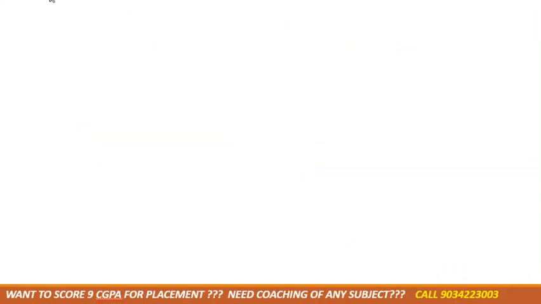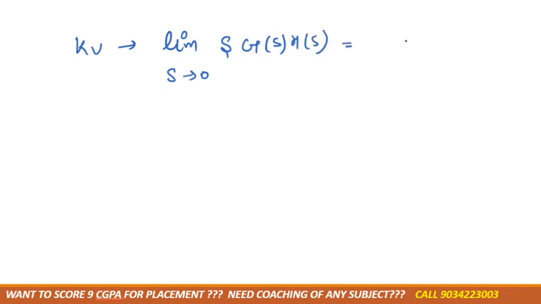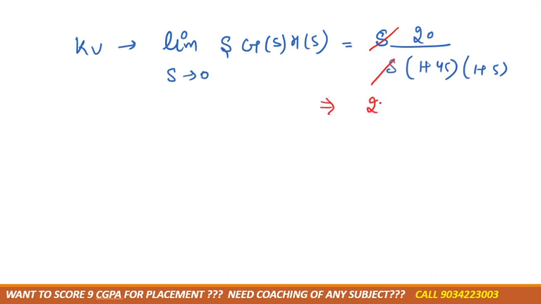Now see, we'll do it for Kv. Kv is limit s tends to 0 of s into G(s), that would be 20 divided by s (1 plus 4s) (1 plus s), multiplied by s also. Correct? So in this case, s and s would cancel out. 20 divided by (1 plus 4s) (1 plus s).